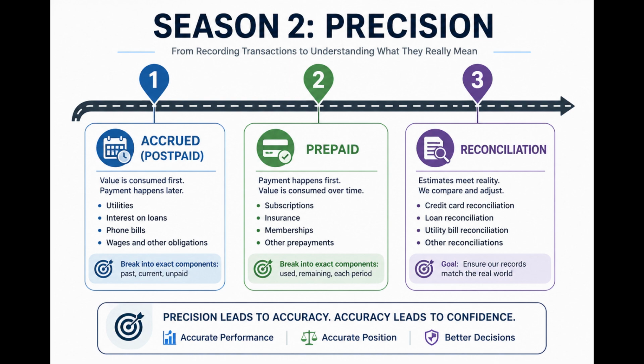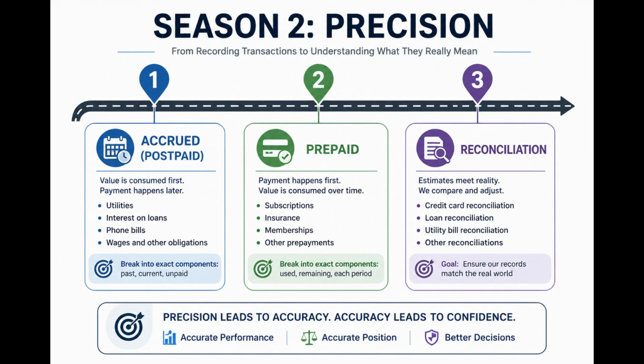Examples of these include things like utilities, interest on loans, and your cell phone bill, assuming that it's a postpaid cell phone bill, meaning you've used the cell phone, you've gotten the bill, and then you're expected to make a payment. And here's the key. We will break these into exact components, including what belongs to prior periods, what belongs to the current period, and what is still unpaid.